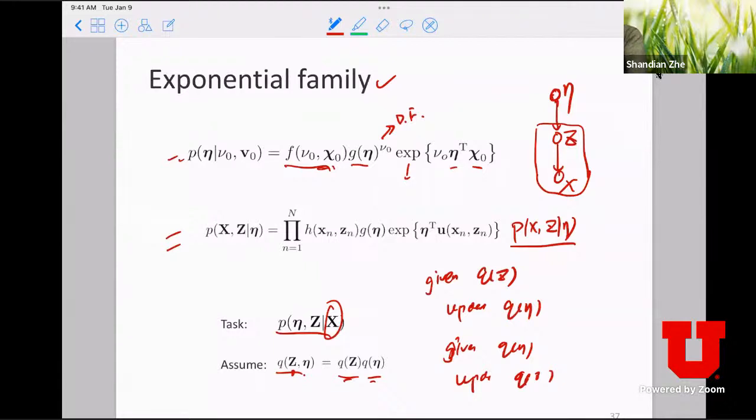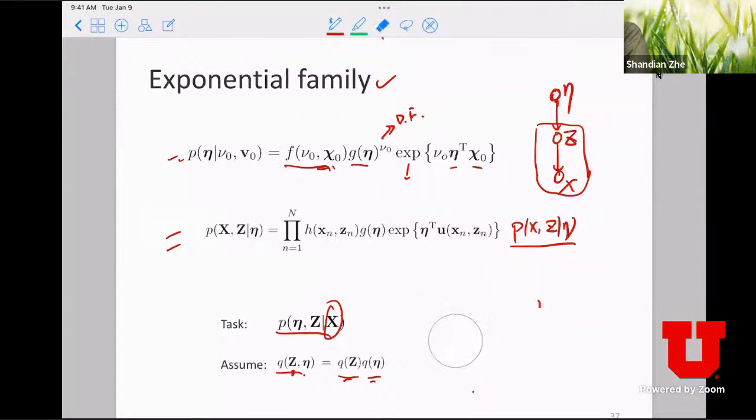We do this in an alternating way until convergence or the maximum number of iterations is reached. Does that make sense? So let us do this together and get another concrete practice of doing mean field variational inference.